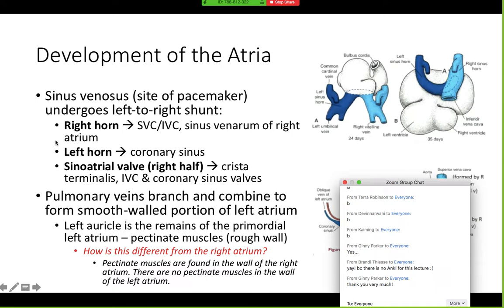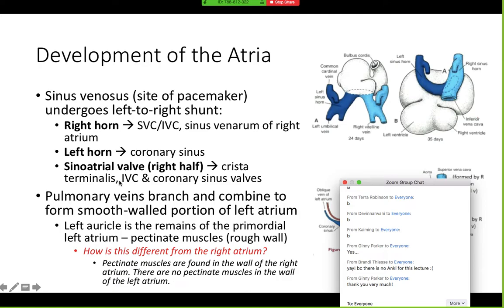And so you want to know that the right horn of the sinus venosus is going to form the superior and inferior vena cava, and then the sinus venarum of the right atrium, and then the left horn is going to form the coronary sinus.